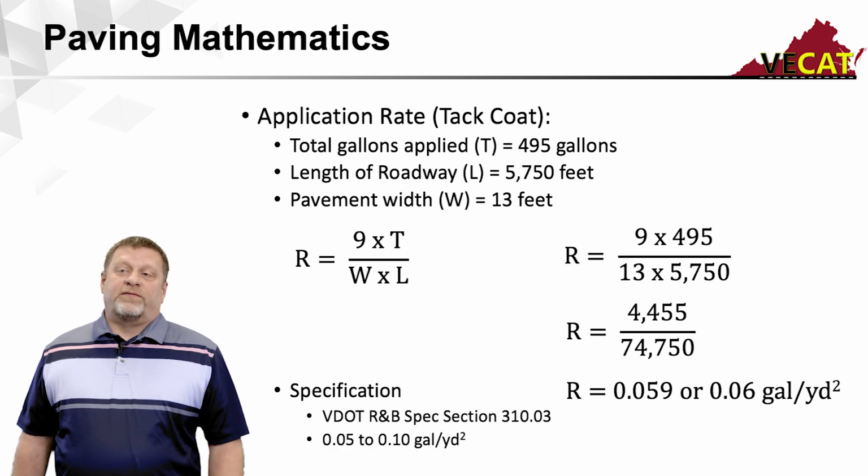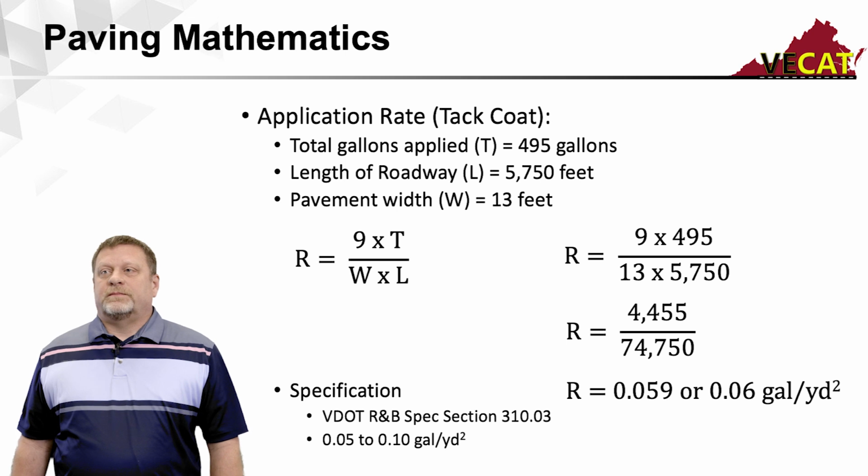And as also referenced previously, this does meet the specification required by VDOT of between 0.05 and 0.1 gallons per square yard. So these variables would have met VDOT specification.